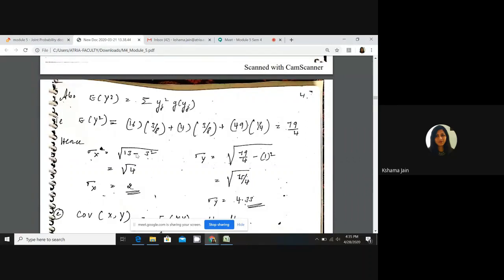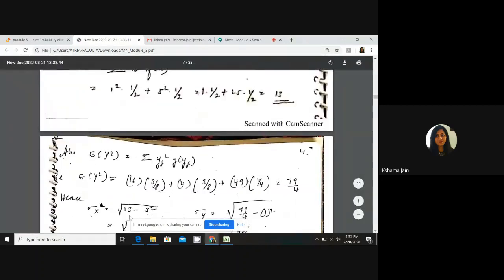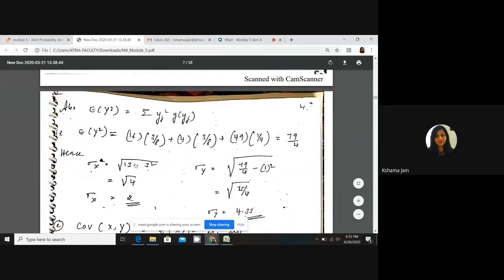E of x square and the Ex whole square are different things. So Ex square was the expectation of x square, that we got 13, see here, and minus Ex whole square is 9. Isn't it different? Both values are different. Same, sigma y equals Ey square minus Ey whole square, we got it.